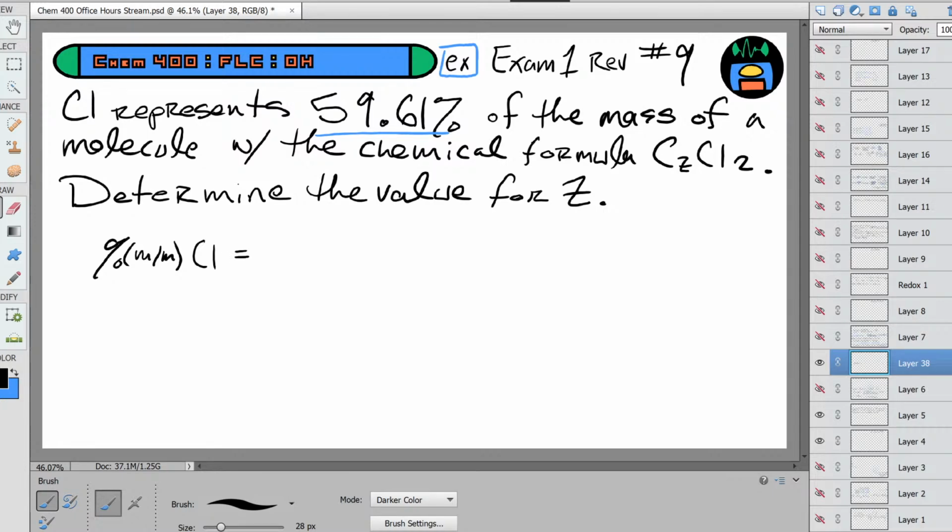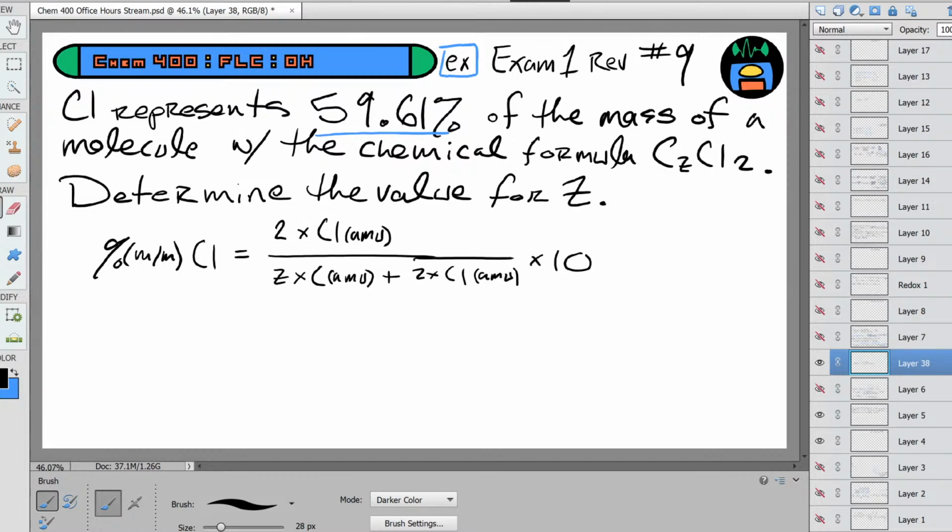So the percent mass of chlorine is equal to 2 times the mass of chlorine in AMU, right? We pull that from the periodic table, divided by Z times the mass of carbon in AMU, because there's Z carbon atoms here, plus 2 times chlorine's AMU again, times 100.